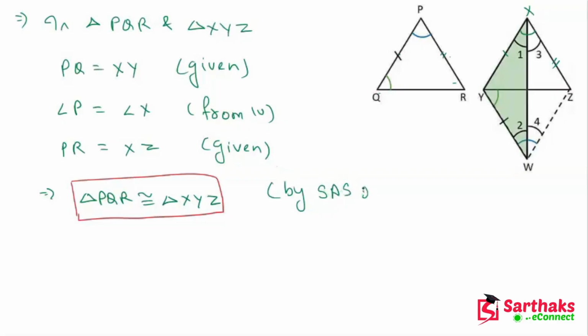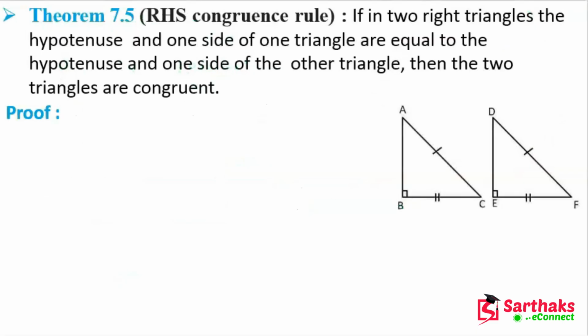So we can say, my dear friends, if all the corresponding sides are equal to the other triangle, then we can say that these two triangles are congruent, by SSS rule. So I hope you understand these things, my dear friends. So we can write hence proved. Okay. So now let's move on.